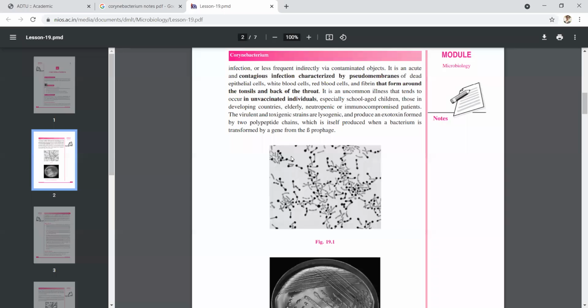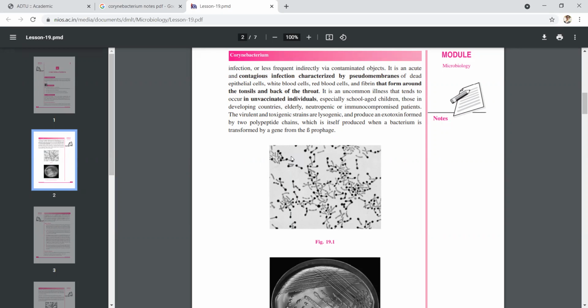How is it developed? Because of deposition of dead epithelial cells, white blood cells, red blood cells, and fibrin. That kind of membrane is called a pseudomembrane.